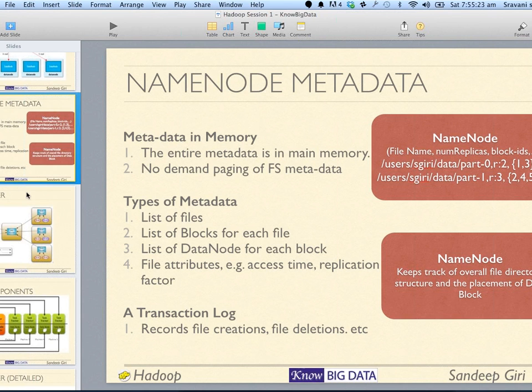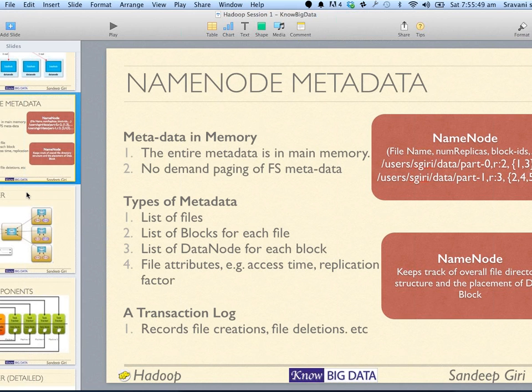This is the name node metadata information which is stored there: the list of files, the list of blocks for each file, the list of data nodes for each block, and because each block will be replicated to multiple machines, there are also file attributes, such as access time or replication factor.